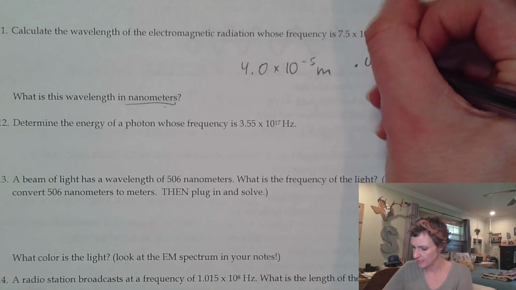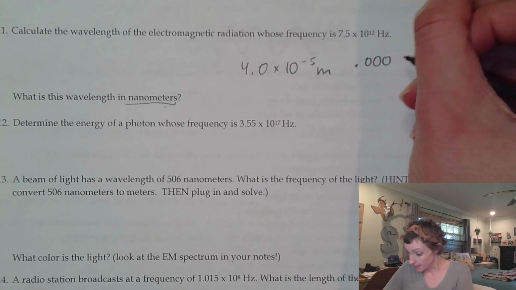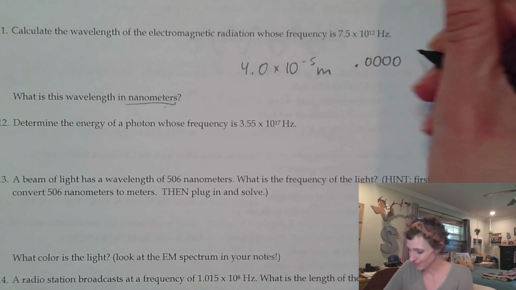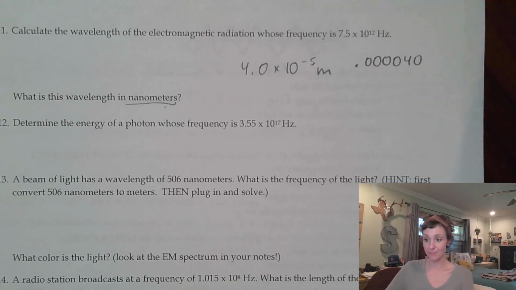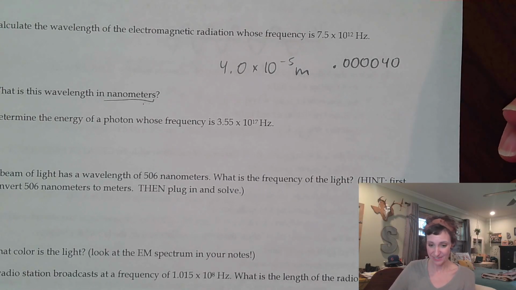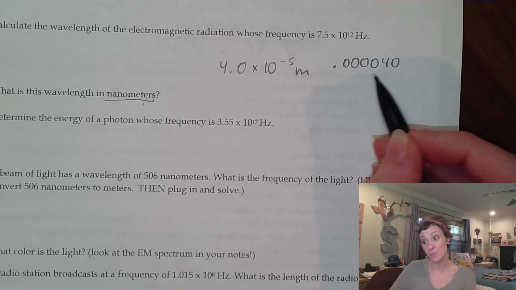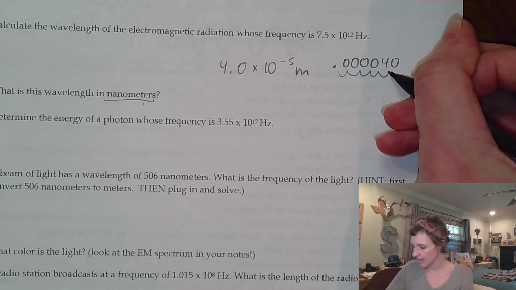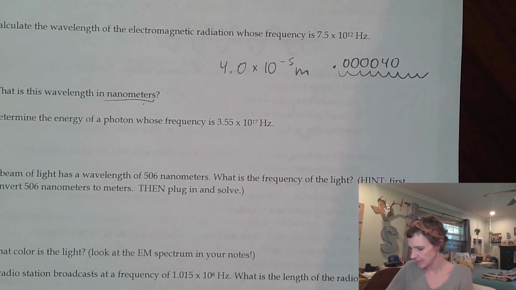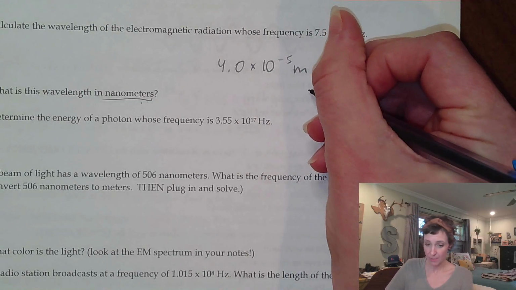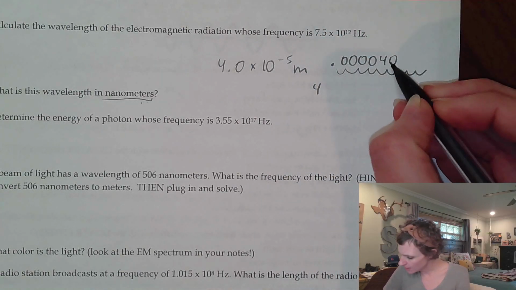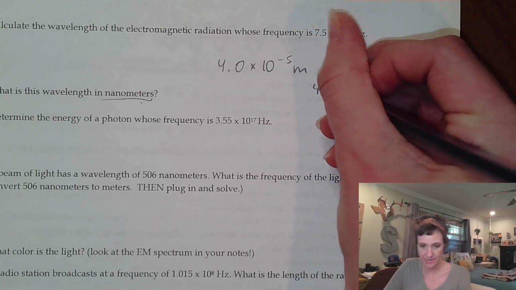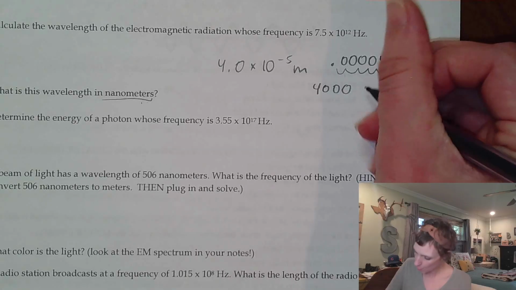So you have 0.00040. So that was what that would be without the scientific notation. And now I can see that. And if I move it 9 places that way, 1, 2, 3, 4, 5, 6, 7, 8, 9. So then I have 4 with 1, 2, 3, 4 zeros.